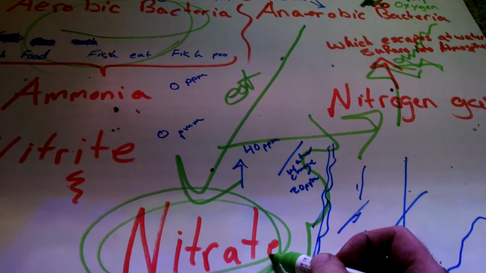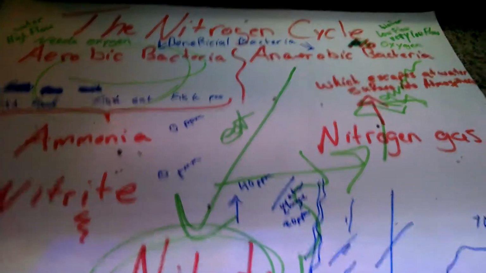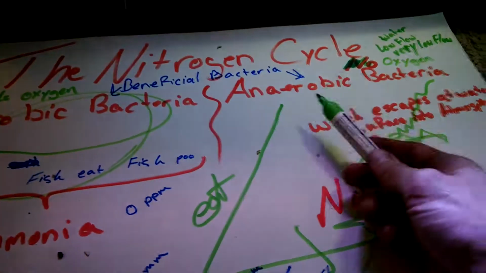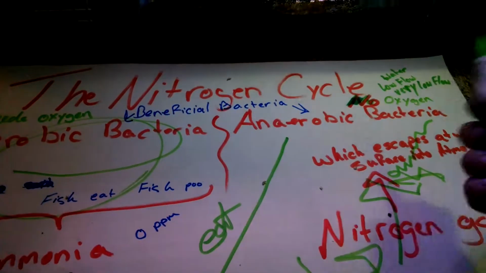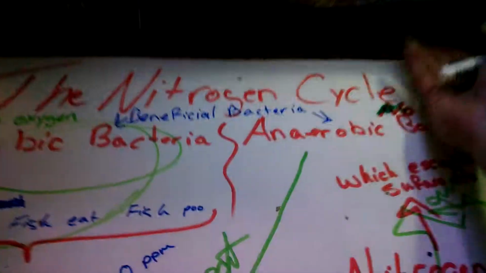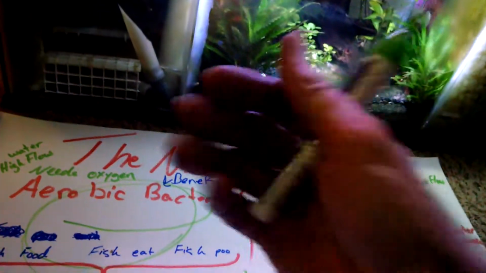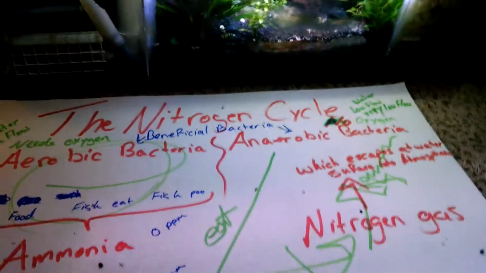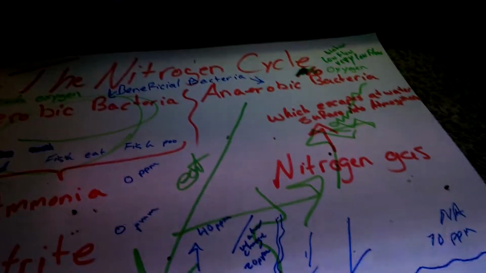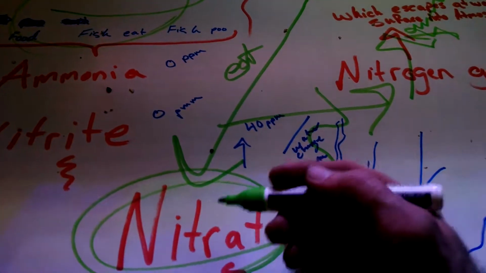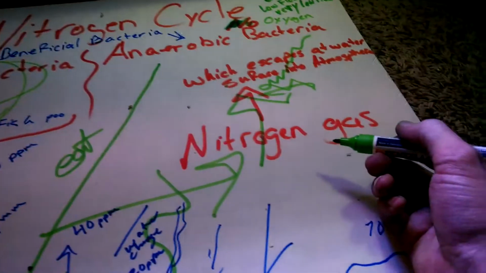And then the nitrogen cycle will have anaerobic bacteria in areas where there's very low oxygen content, like very deep sand beds, in places where there's no water flow, very minimal, a very little bit of oxygen, and all this good stuff, right? So this will actually eat nitrates and turn it into nitrogen gas, which will release it, right?